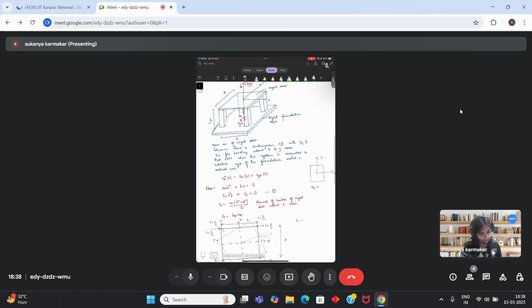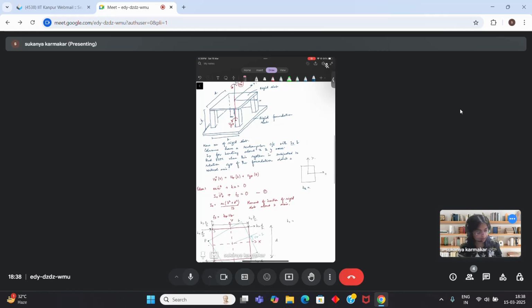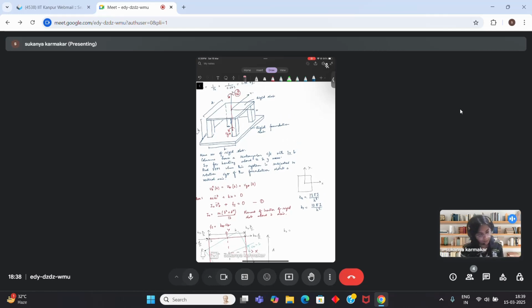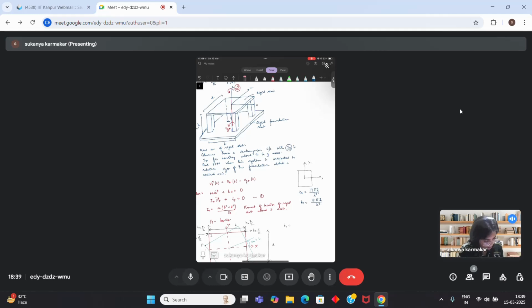Kx is the resistance when it is bending: 12EI by h cubed, where the height of the column is h, and ky will be 12EI by h cubed. Now when the column is bending about the x-axis, the moment of inertia is Ix, and the force generated will be in the y direction, that is, ky force is getting generated, so that is why this will be Ix. And kx is the force which is generated in this direction.